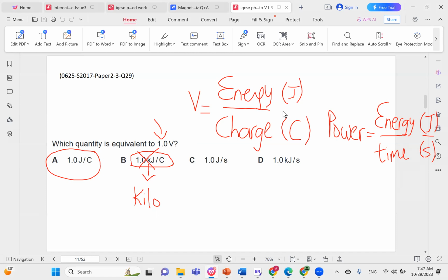And like we just said, these two are a measure of power, not voltage. Joules per second would measure power, not voltage, because power is energy over time. So the correct choice here would be choice A. 1 volt is equal to 1 joule per 1 coulomb, the energy carried by 1 unit charge, 1 coulomb of charge.